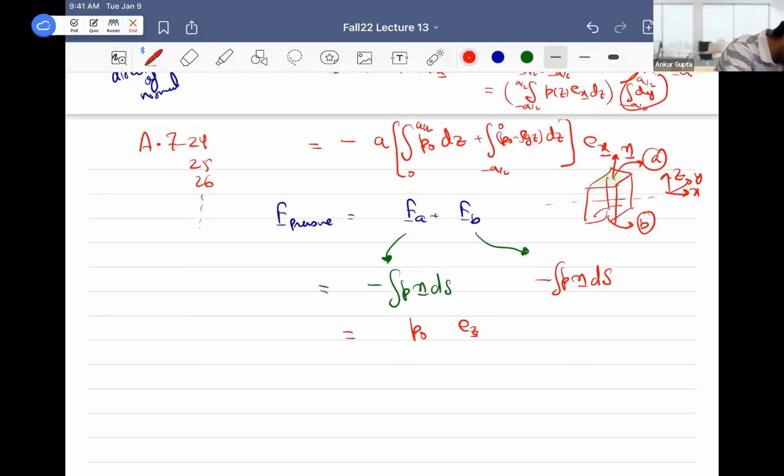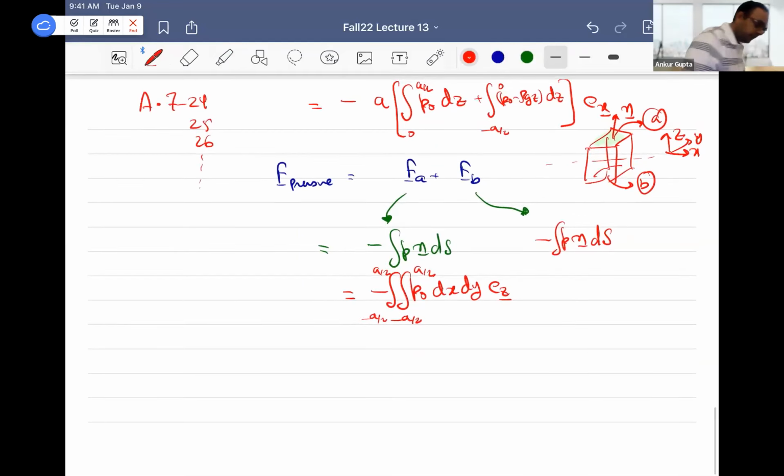It's a z face, so dS is dx dy. This is the A face, and the other face is the B face.